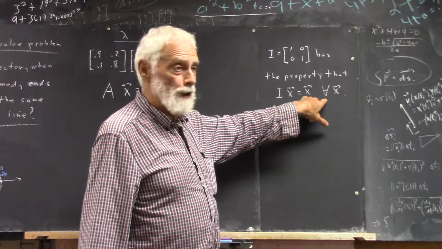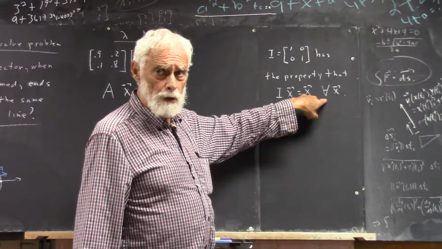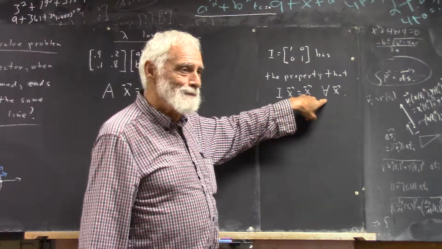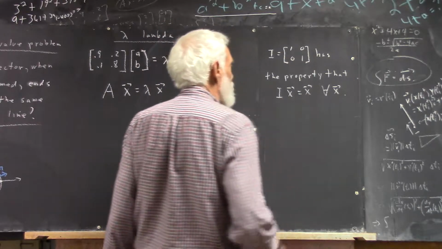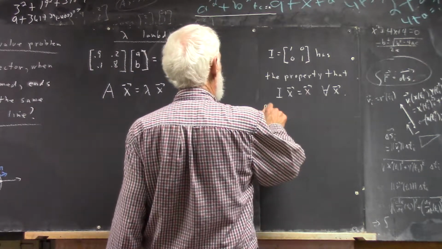That upside down A means for all. Notation that you should have seen at some point, but maybe not recently. So I want to be sure to explain it. Okay? Proof. Very simple proof.